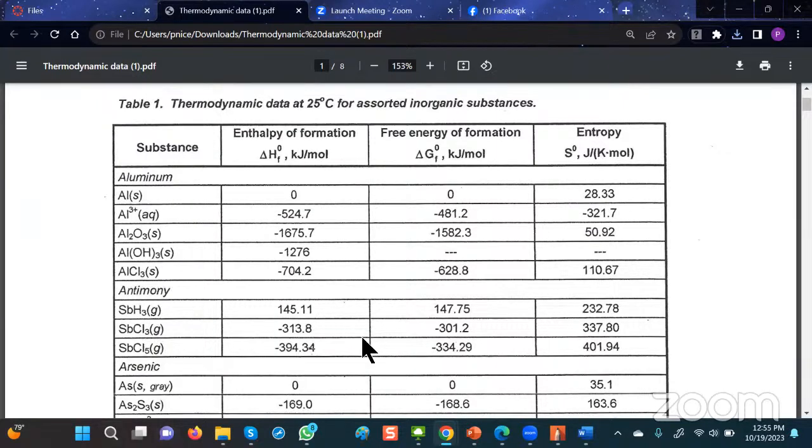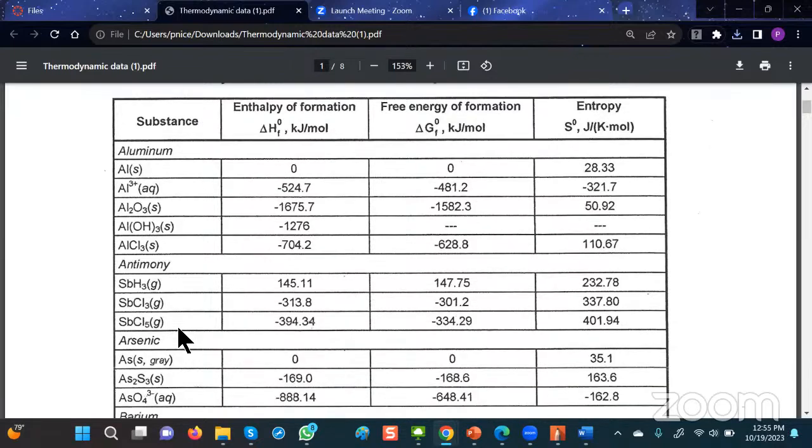And one thing I want to point out is that if you look at this table, you'll notice that when it comes to elements that exist naturally under standard conditions, the enthalpy of formation is basically assumed to be 0. All right? So I'm talking about, for example, aluminum. What else?